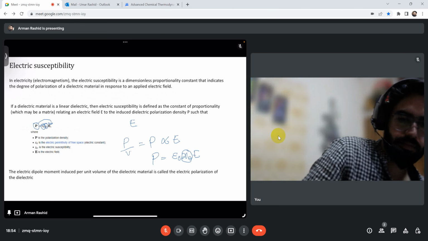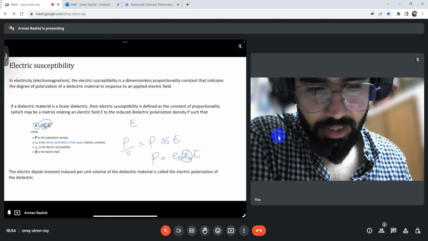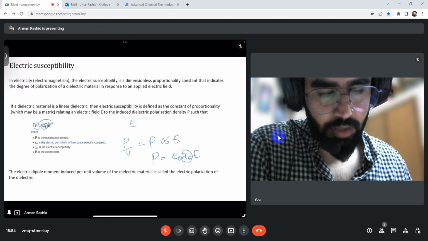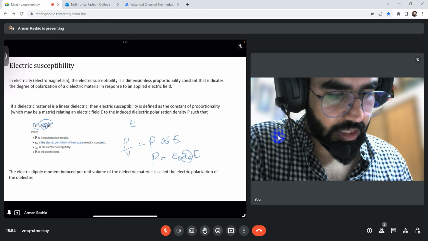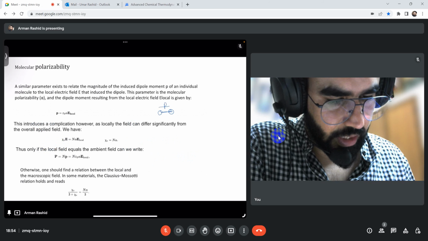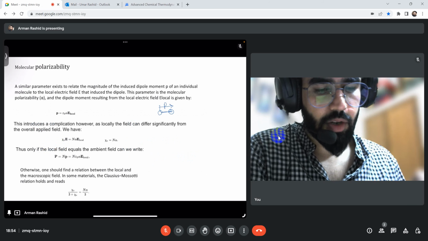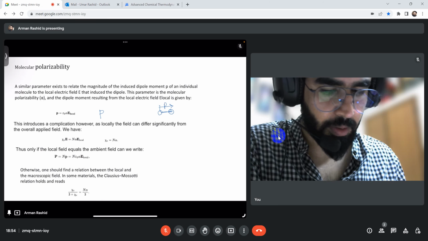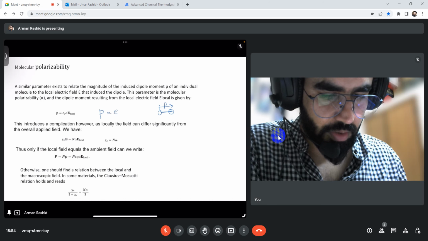Now we have another parameter regarding polarizability, that is molecular polarizability. It relates the dipole moment that is created on individual molecules to the electrical field that induces that dipole. For example, this is the dipole moment that is created on a single molecule, and it is directly proportional to the local electrical field.